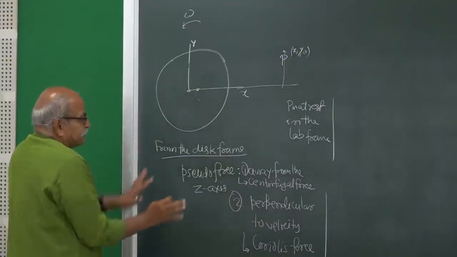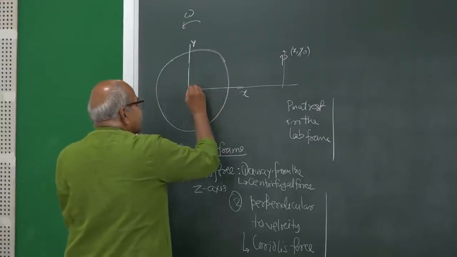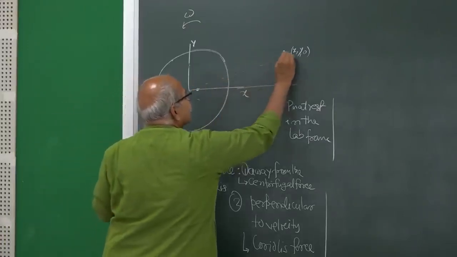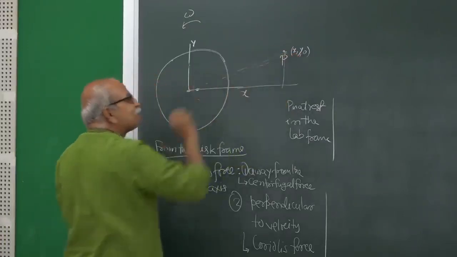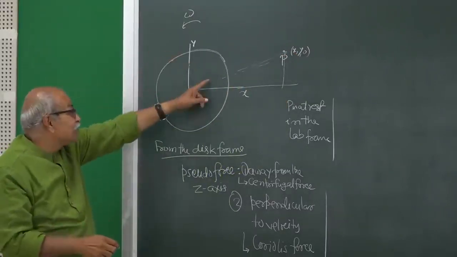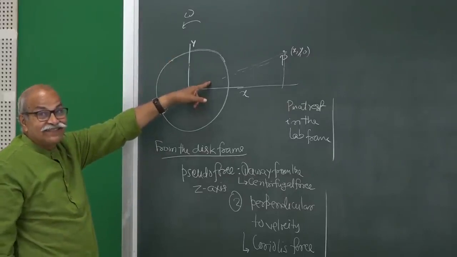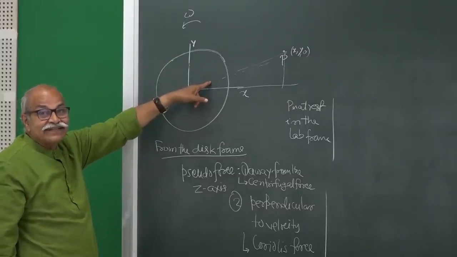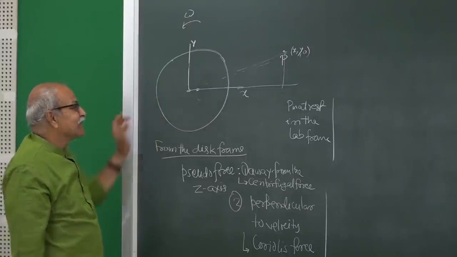Now, in the lab frame the disk rotates and the x axis becomes like this. So, the particle has come onto the x axis. Particle was not on the x axis to start with, and now it is on the x axis. So, the particle is not at rest, the particle is moving.